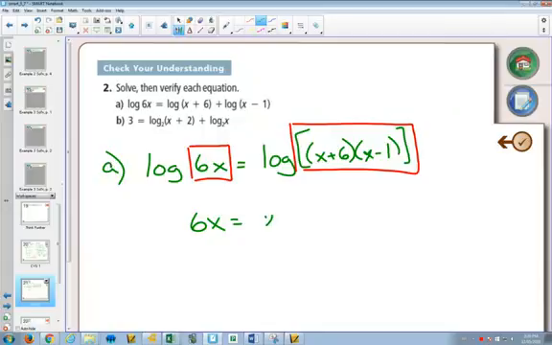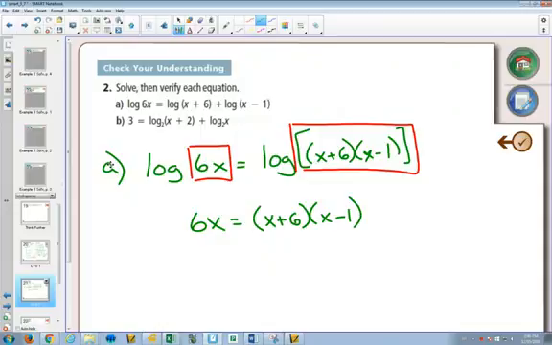X plus 6. Does that make sense? Just by what we know about equations, if they're both log of something equals log of something, the somethings inside would have to be equal.